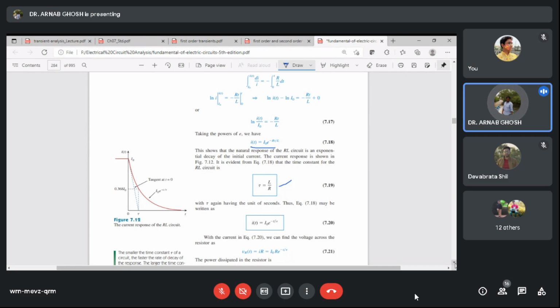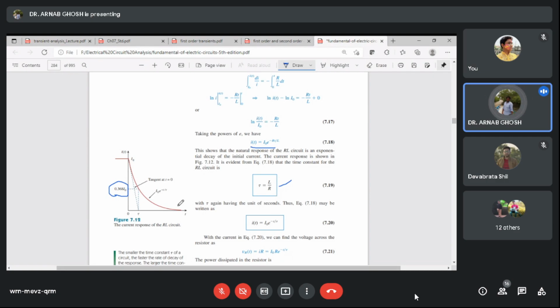So here the original value is I0. This is your time constant, and at this time constant you have the current value at 0.368 I0. This is the value of current at time constant tau, which you can calculate as L by R. And as this is our discharging current, you get a negative slope of the curve.